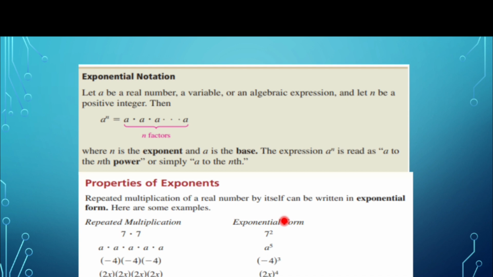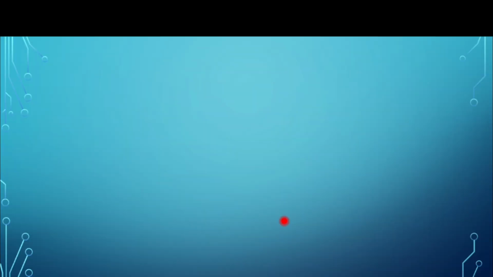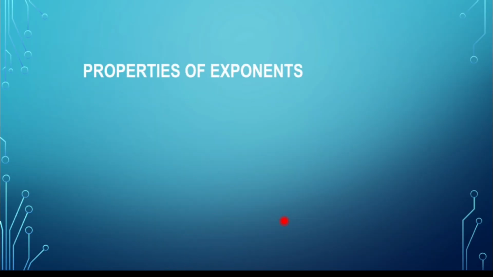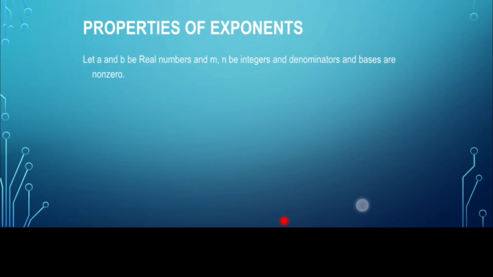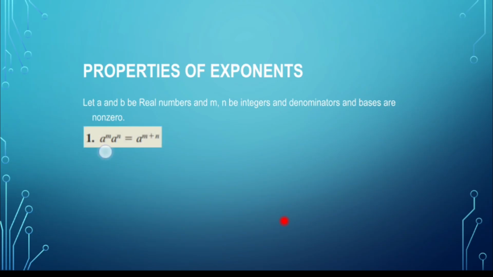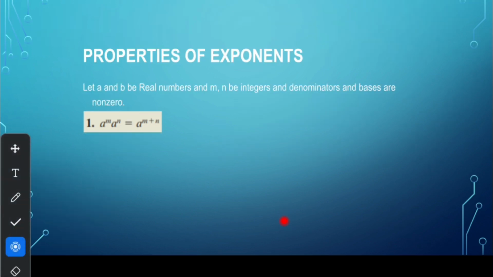In the next slide, you can see there are various properties of exponents given. The first says if we have two same bases in the product sign with different powers, we will write the base once and we'll add these two powers.